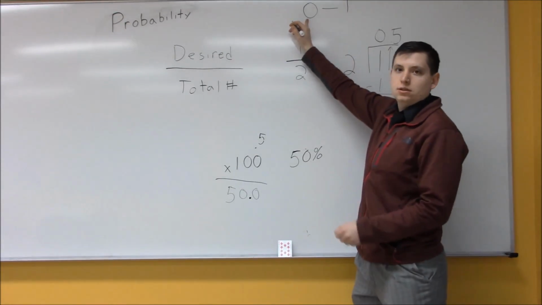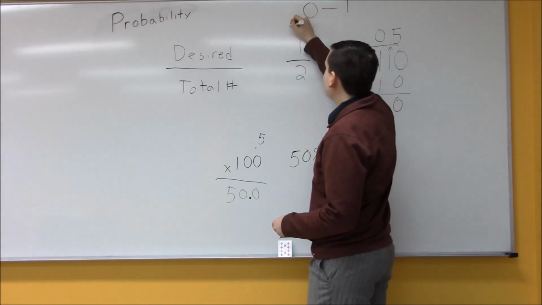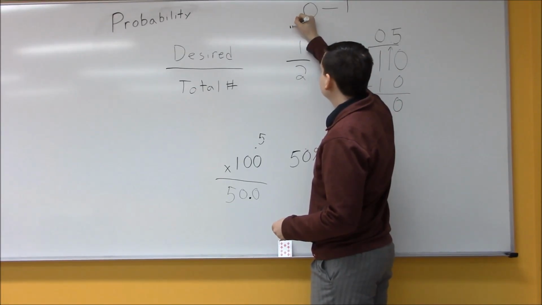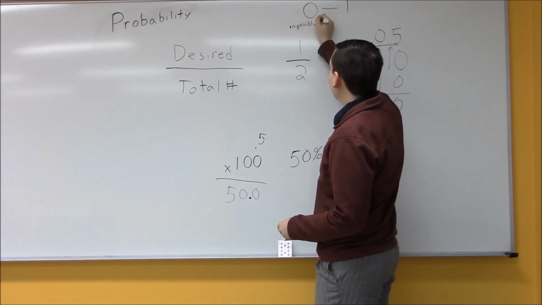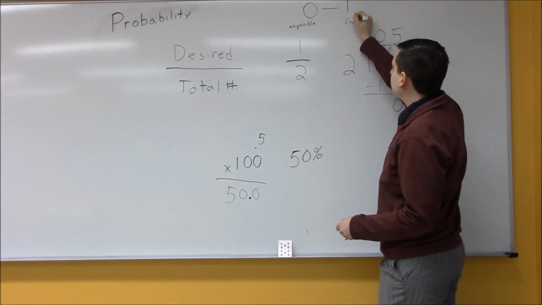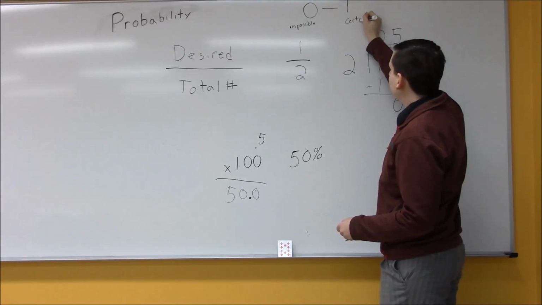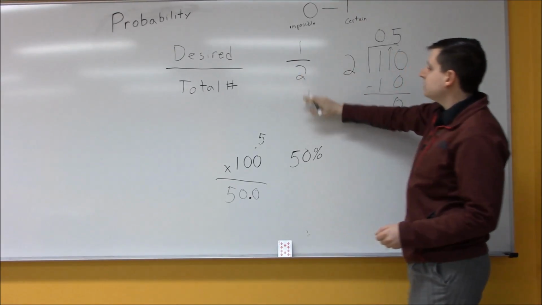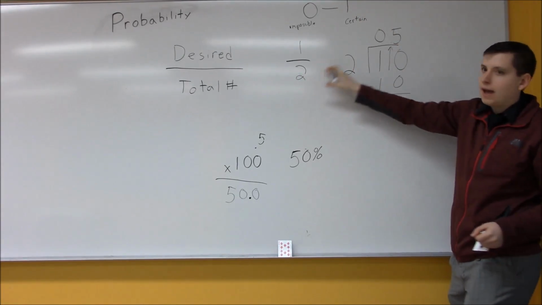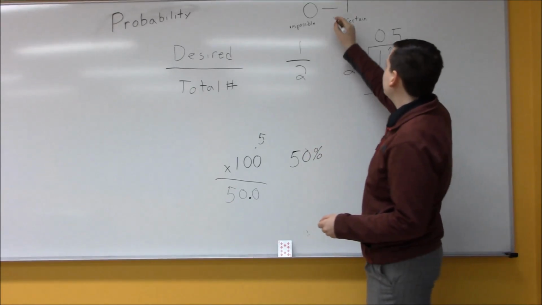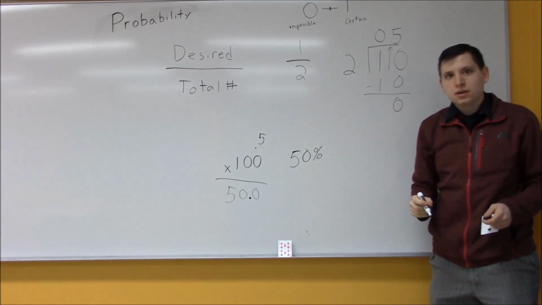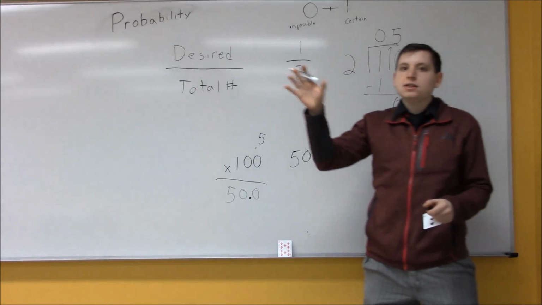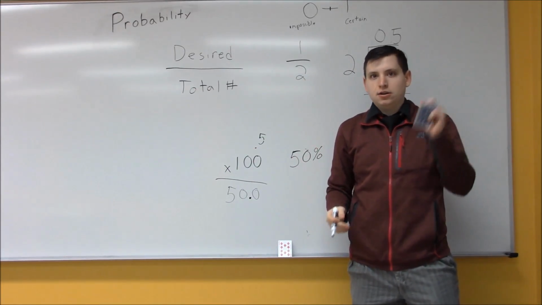So 0 is that it is impossible, and 1 is that it is certain to occur. So this example right here of 1/2, 0.5, and 50% is exactly halfway between both of those. It's equally likely to occur as it is to not occur.